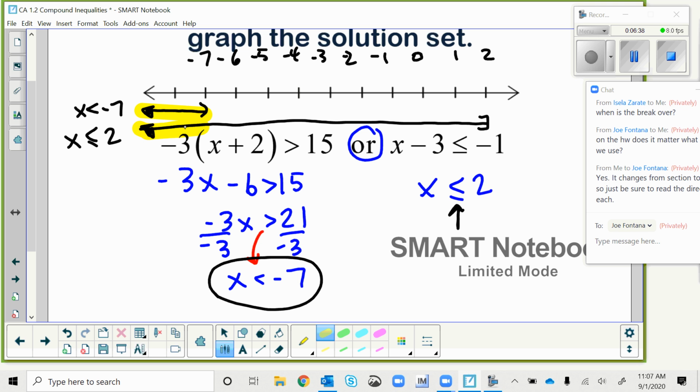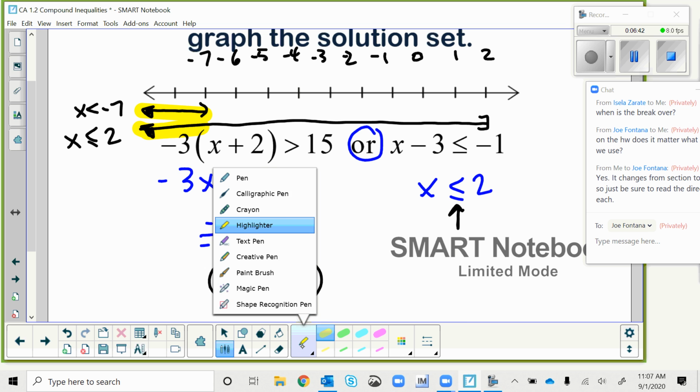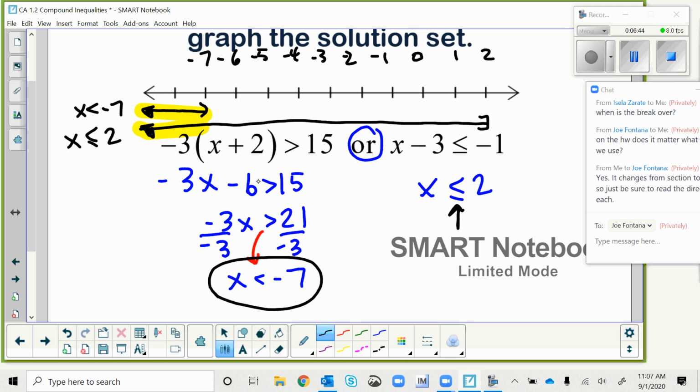They both have those in common, so any number I pick there will satisfy both of them. I'm going to shade that in right here. Those things in red work for both of them. But "or" means you're bringing all of both of them together in one bigger answer.